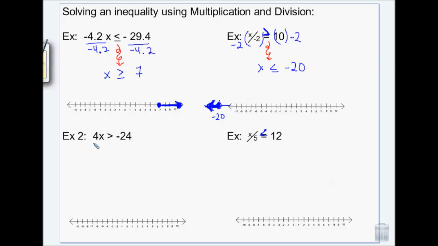Here we're dividing by a positive number. Even though this is negative, I divided by a +4, so my inequality does not flip. So I have -6, and it's greater than, so that's over here.